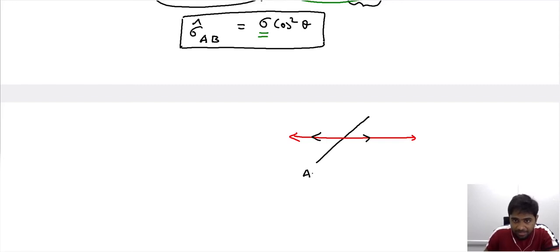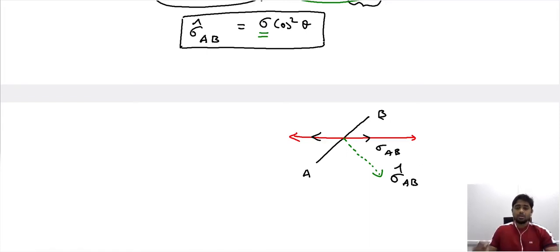So this is AB. There is a stress acting in this direction, but it is not of much physical significance to us. Therefore, we have considered a perpendicular, a normal to this region of interest, and we have estimated the stress along the normal.